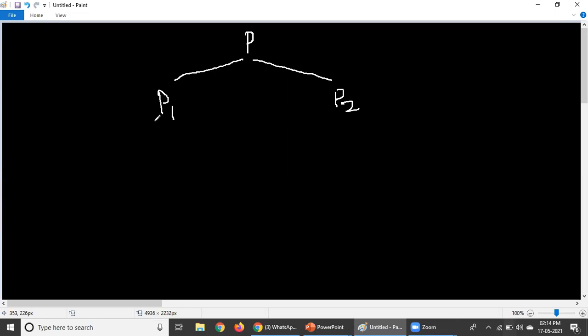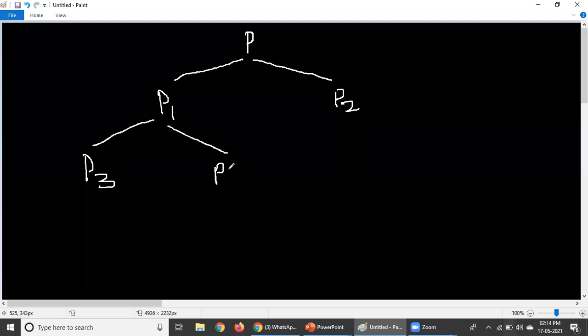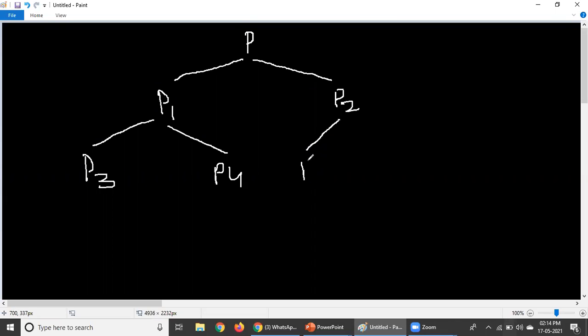If P1 is not small enough, that is, a single element is not there, then it is again divided into P3 and P4, and if those are not small enough, again into P5 and P6, and so on. How many times is it going to be done here?